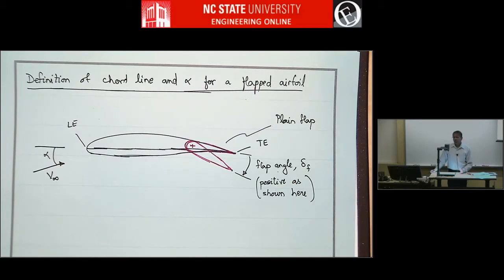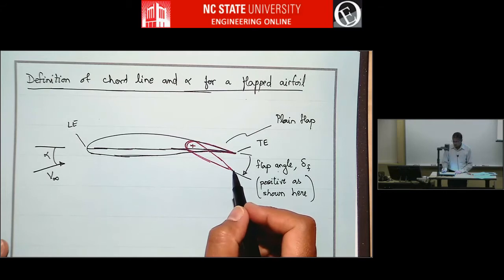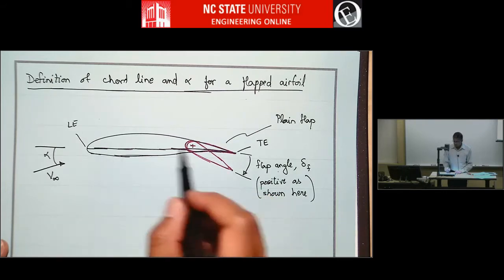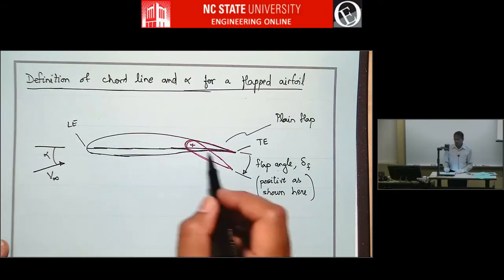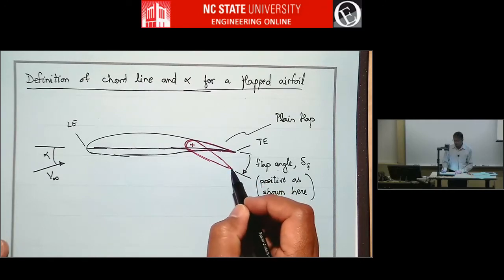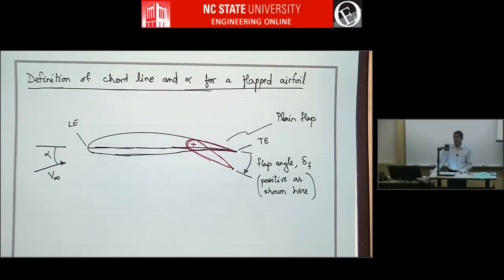So how do you define chord? Is the chord the line joining this trailing edge to here, or this trailing edge to here? Geometrically, this trailing edge is not there, it's moved here when you deflect the flap. Go ahead. The lower one. The lower one, okay. Other thoughts? Anybody disagree?